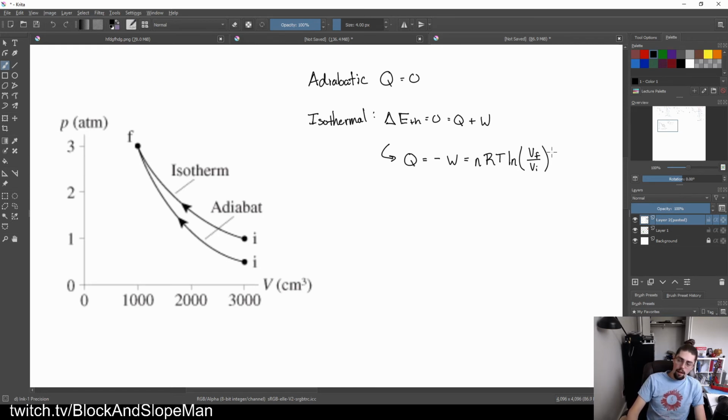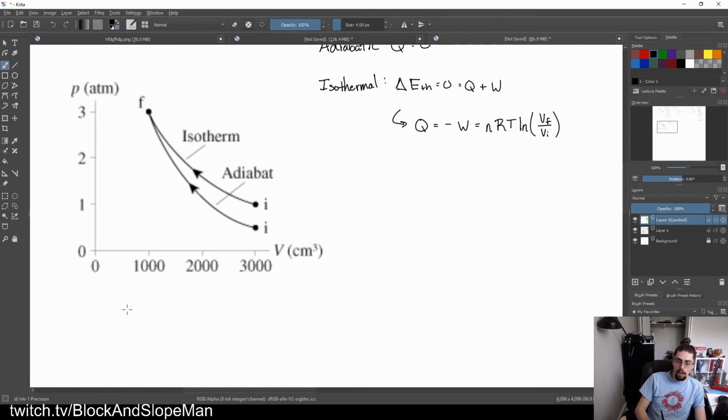Fantastic. The only problem we run into is we need to actually know what T is first. It's the same temperature, but we don't know what it is. So we're going to go ahead and use the ideal gas law real quick. I'm just going to take my initial states to plug in some things, but you can take either state if you'd like. When I plug all of this stuff in, I should find a value something like 365.6 Kelvin.